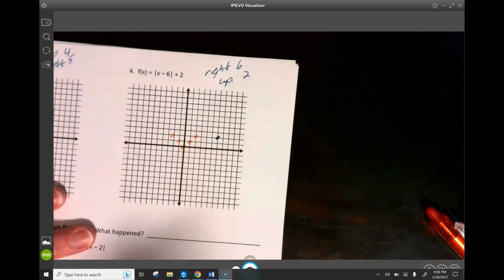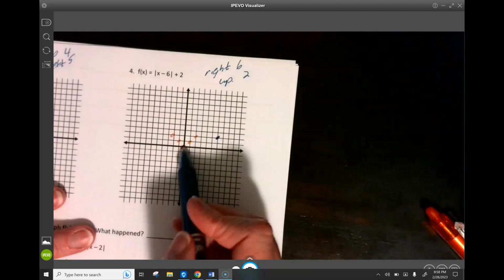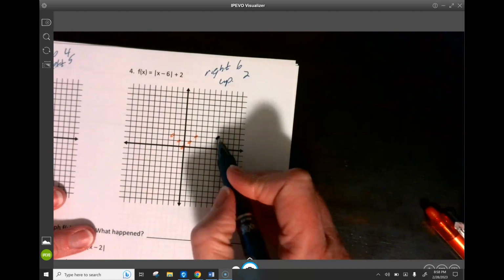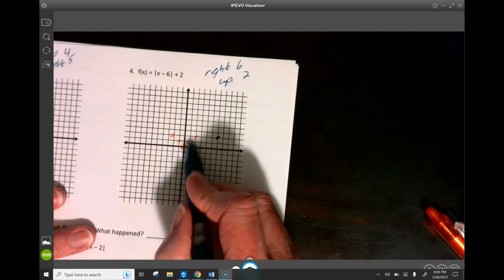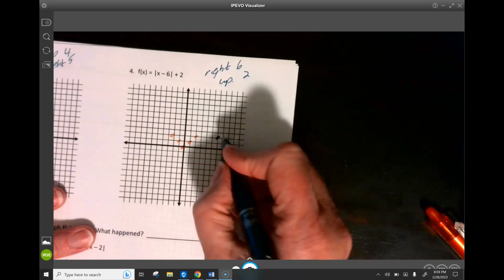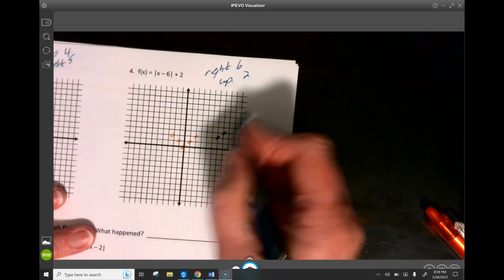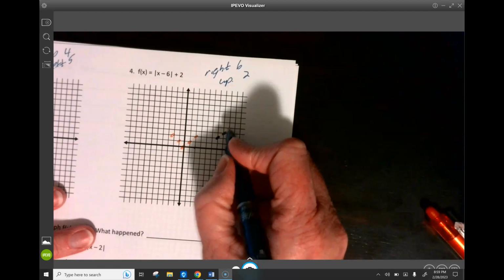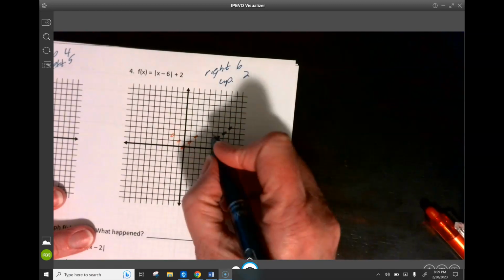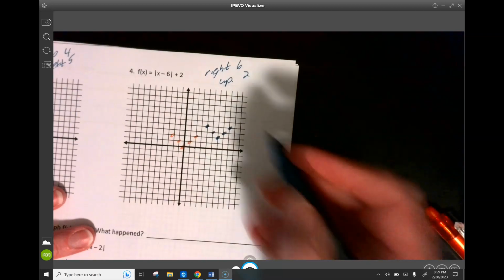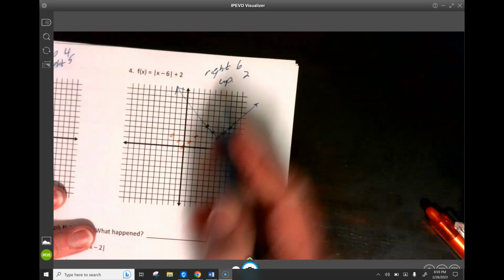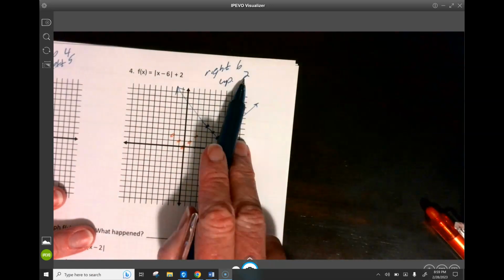Now the other thing I can do is take the parent function and shift my entire thing right over here. So notice I went up 1 and over 1. I went over 2 and up 2. So from here, I can go over 2 and up 2. If you're tired of carrying every point, you can just regraph it right over here. If that didn't make sense, then go back to what we were doing to begin with. Plot the parent function and shift them all.